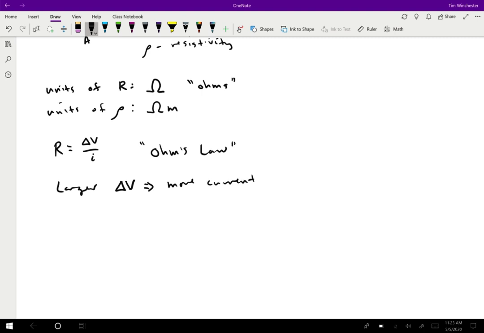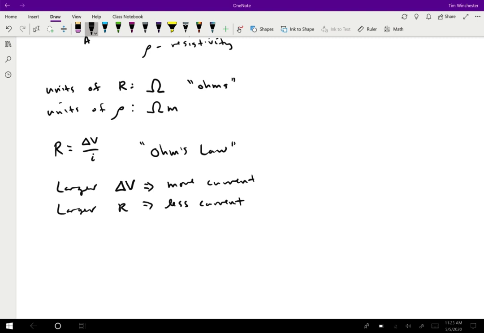The larger the potential difference, the more current is going to want to flow. If we have a larger resistance, that means that we're going to have less current. We can literally think of the resistance as how much the material resists that current. If we have something that's really good at resisting current, there will be less current. If we have something that's really bad at resisting current, then it'll have more current.